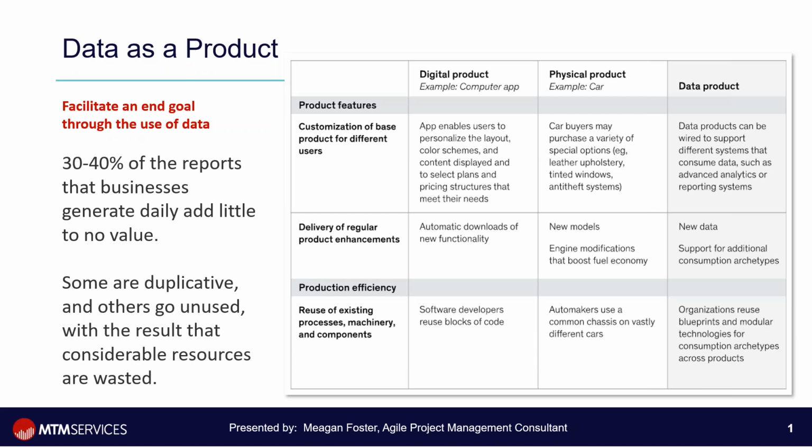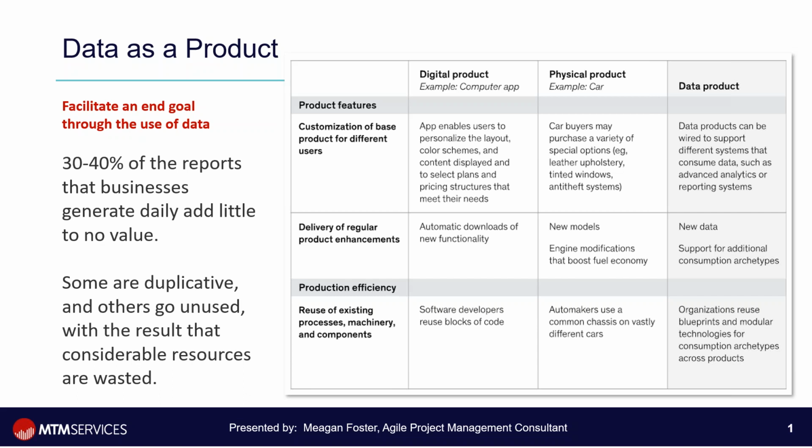Data products can be wired to support different systems that consume data, such as advanced analytics. So maybe you're linking it to your Tableau or Power BI, or reporting systems. Maybe it's SSRS packages or you're delivering even Excel sheets. Those could be considered a product.